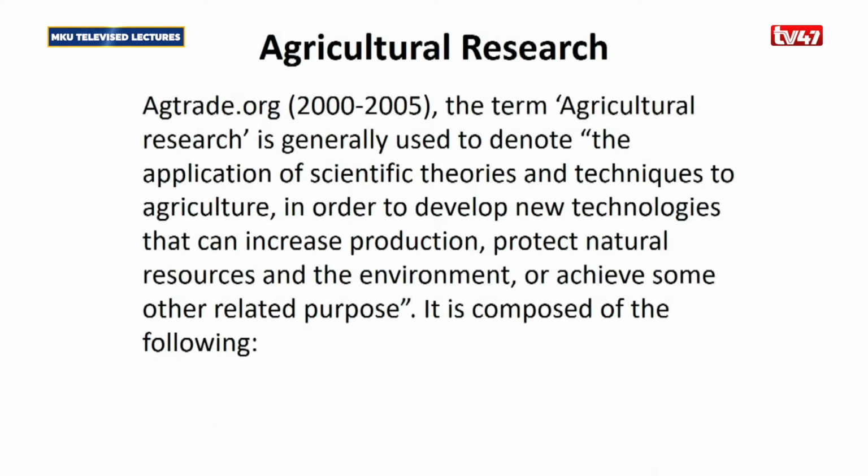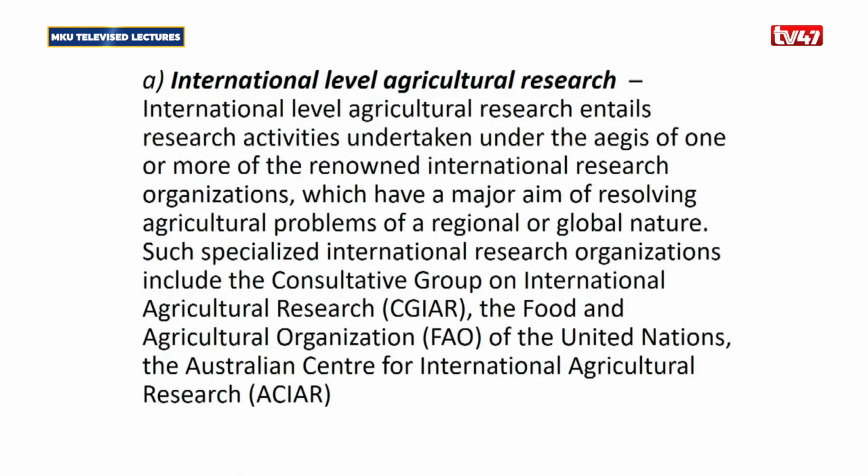Now, agricultural research can be divided into two main categories: international agricultural research and local agricultural research. Now, we'll discuss the first one. By international level of agricultural research, we look at the research activities undertaken under the aegis of one or more of the renowned international research organizations.